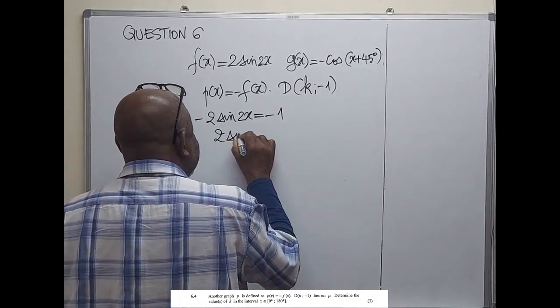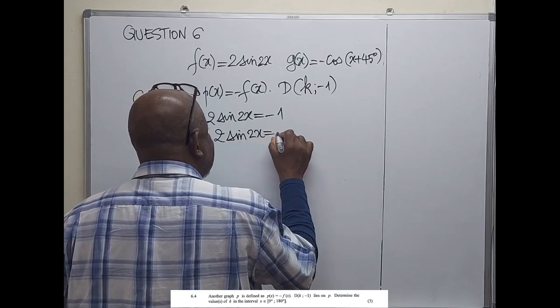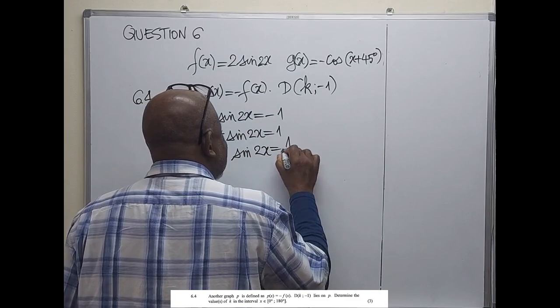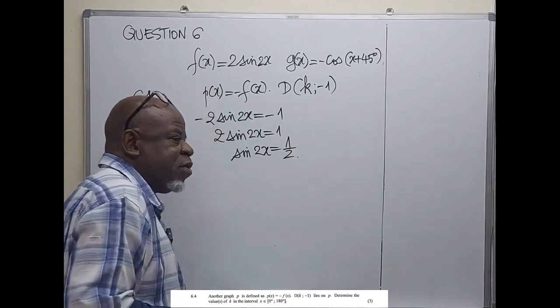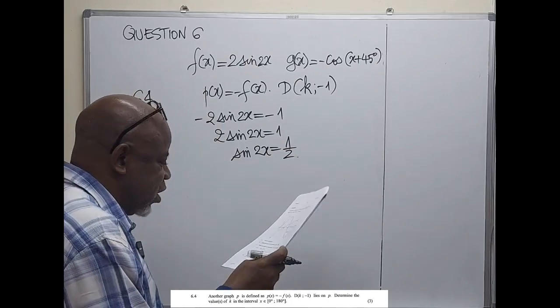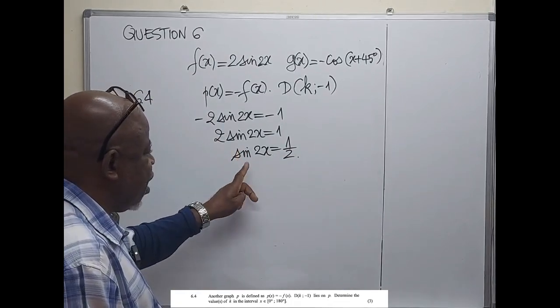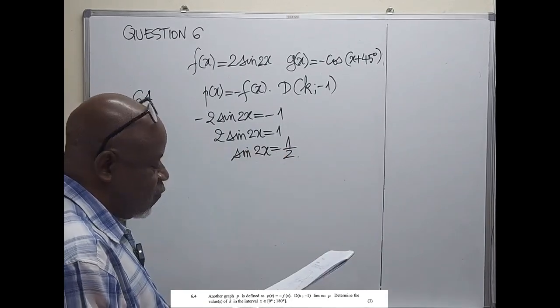It will be 2 sine 2x equal to 1, and sine 2x will be equal to 1/2. So here we're having a trigonometric equation to solve: sine 2x is equal to 1/2.